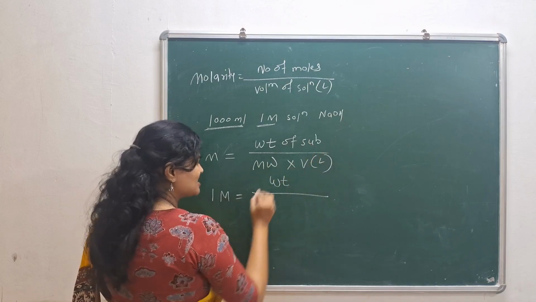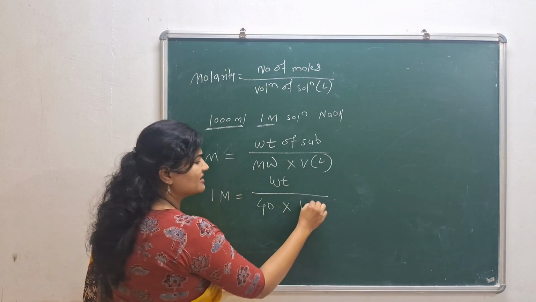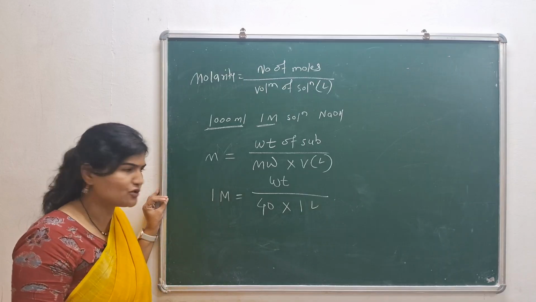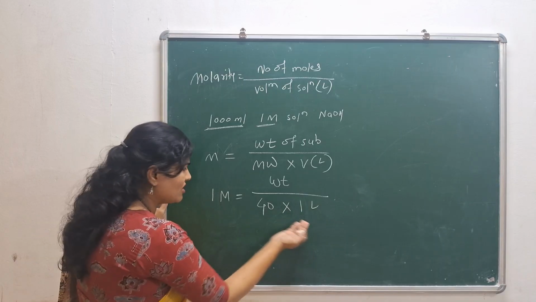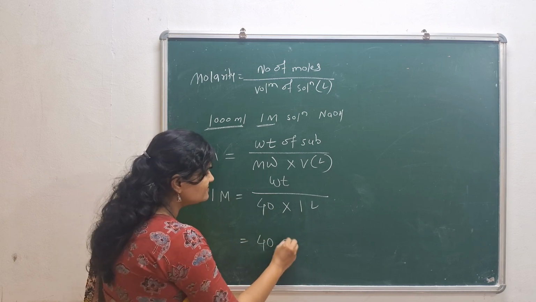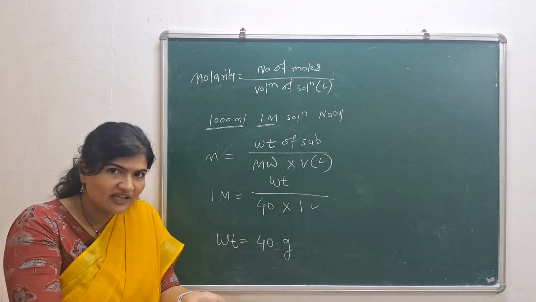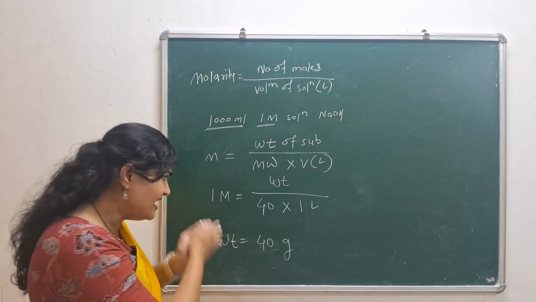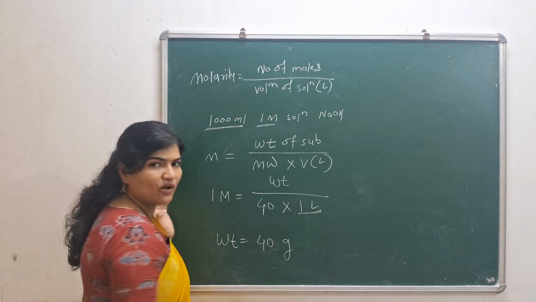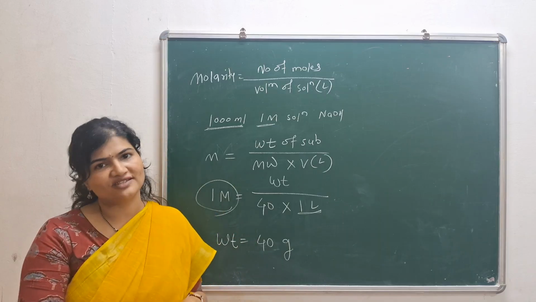The molecular weight of NaOH I know is 40 grams, and for the volume in liters, 1000 ml gives me 1 liter of solution. So if I solve this, 1 into 40 into 1, it comes to 40 grams, and that is the weight I need to weigh: 40 grams of NaOH, and dissolve it in water to make 1 liter of solution in order to make 1 molar concentration.